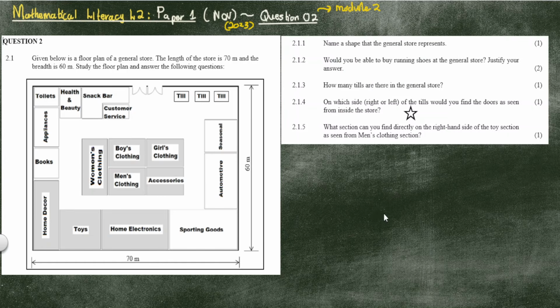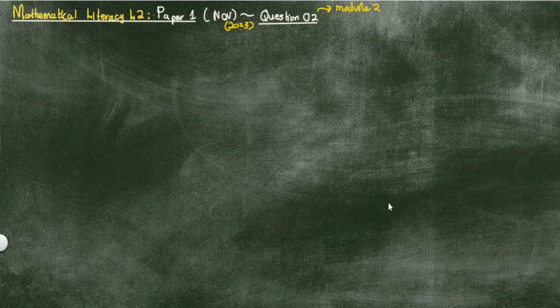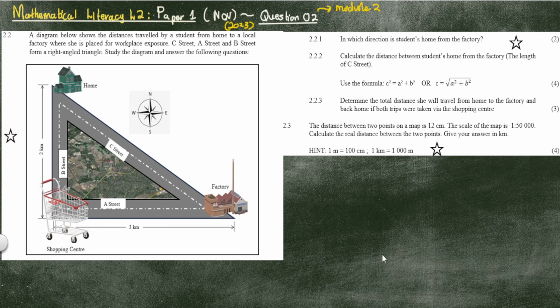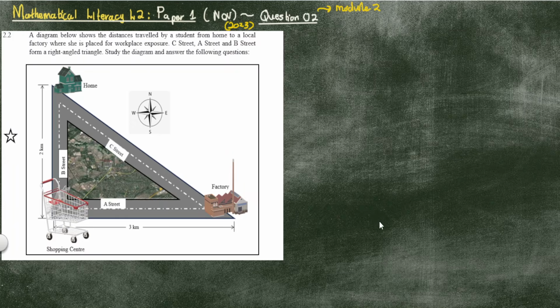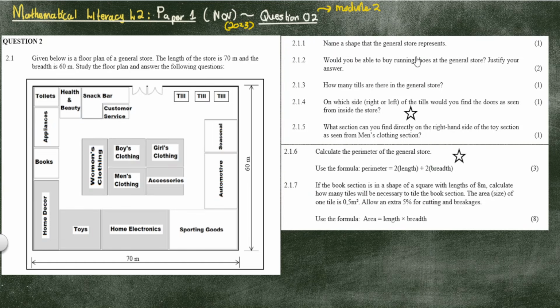It's 2.1, and then it goes to 2.2. Let me just check how many questions we have in total. Oh, okay, it starts from 2.1, 2.2, then it ends with 2.3. So let us start with 2.1.